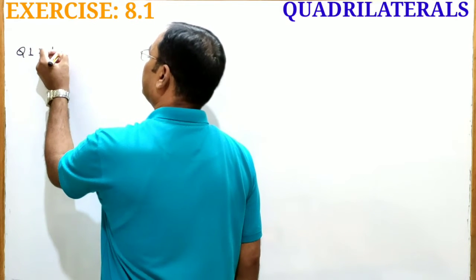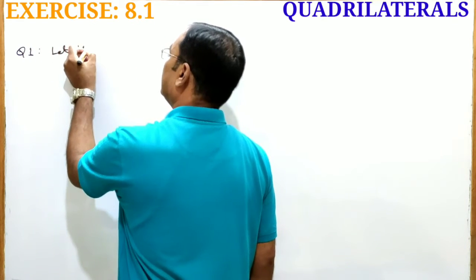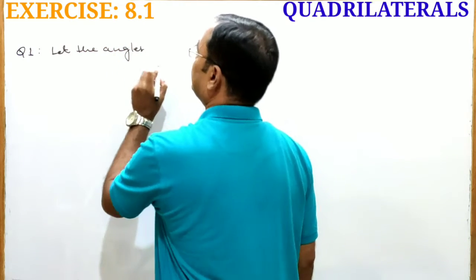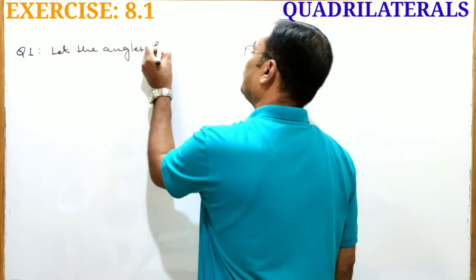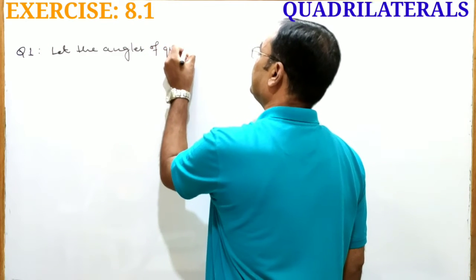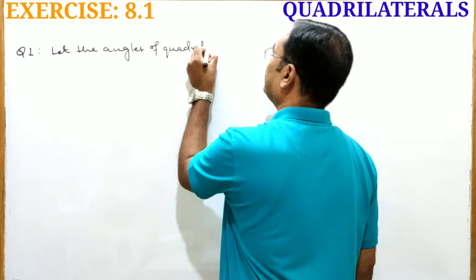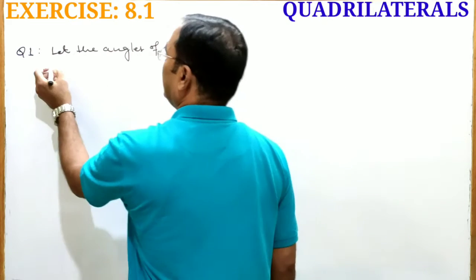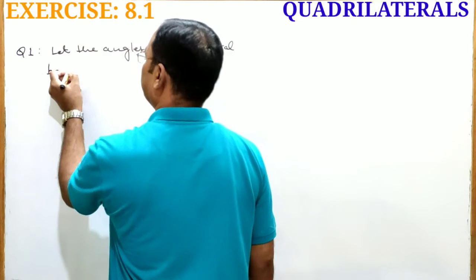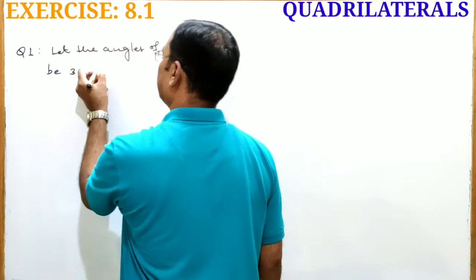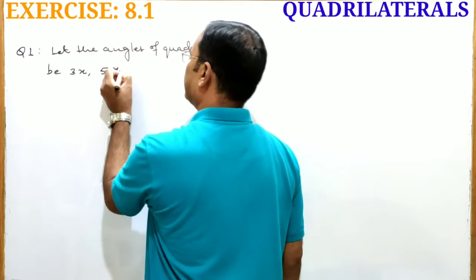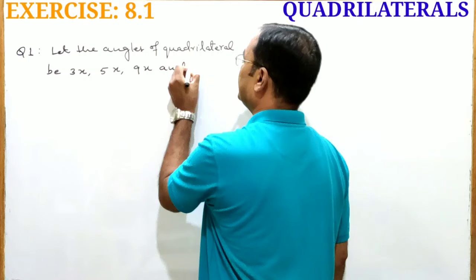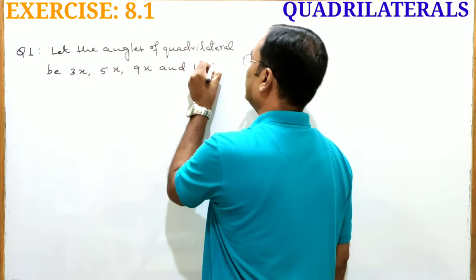Let the angles of quadrilateral be 3x, 5x, 9x and 13x.